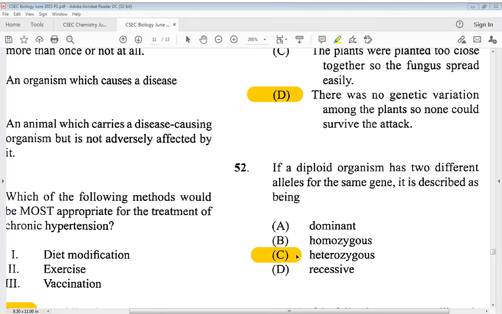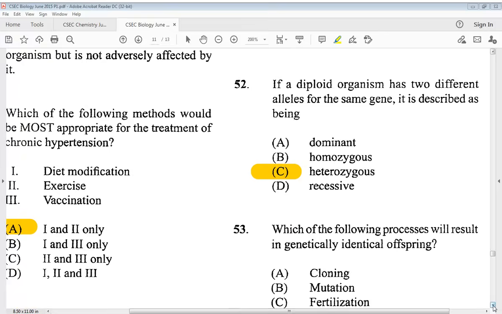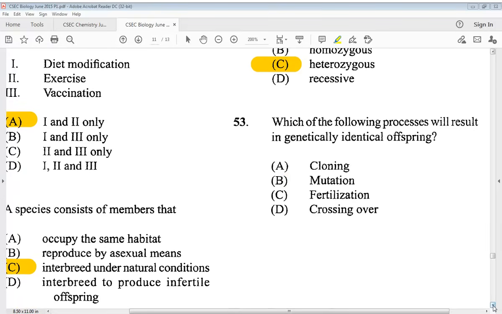C. Let's go to 53. Which of the following processes will result in genetically identical offspring? The answer for 53 is A, cloning.